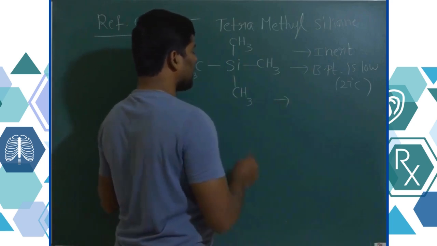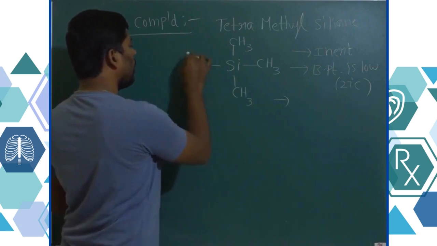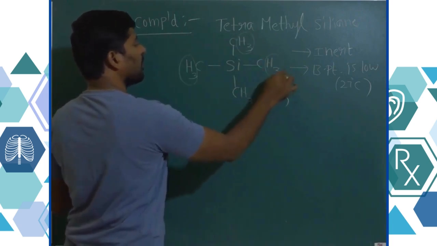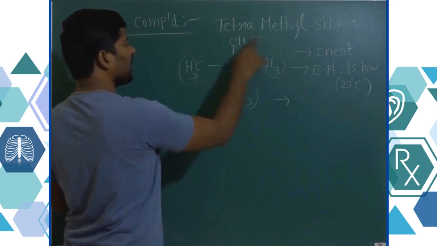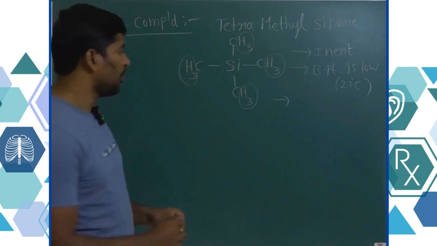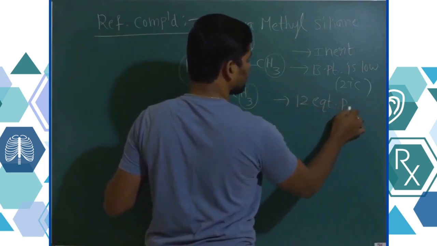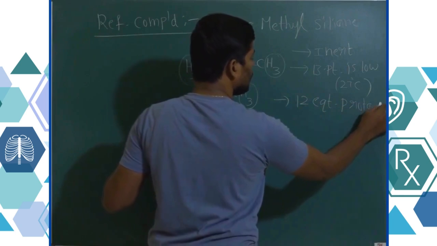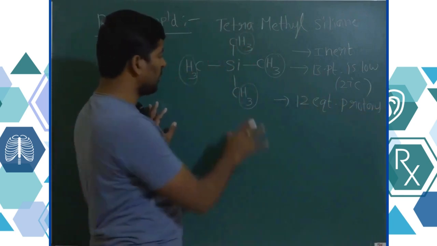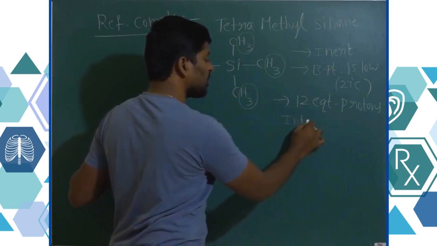The next important one: how many protons does it possess? It has 12 protons, and the bonding connectivity of all these 12 protons is the same. So we have 12 equivalent protons in tetramethylsilane. What about the intensity of this signal?